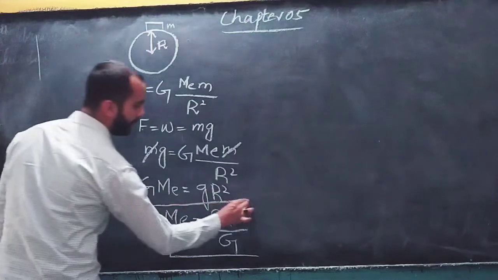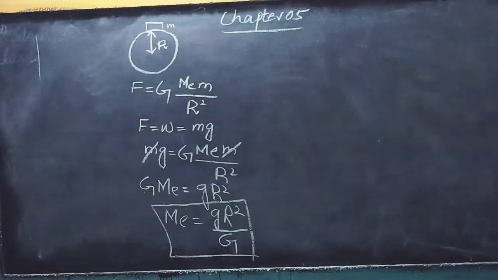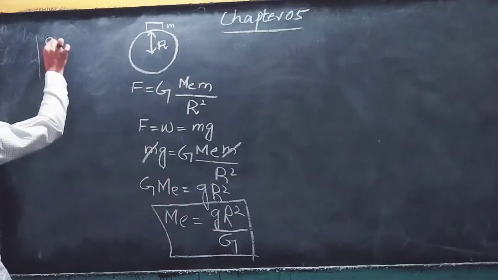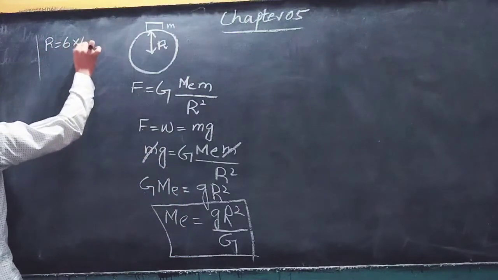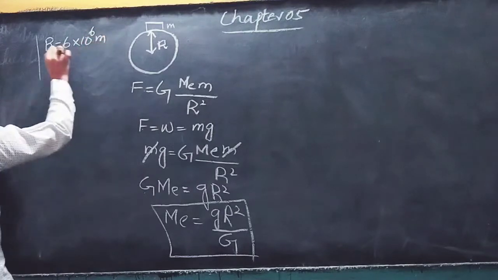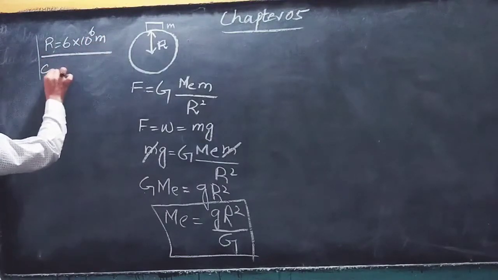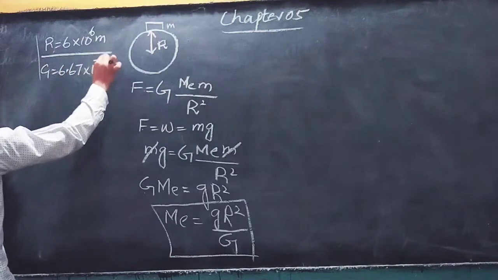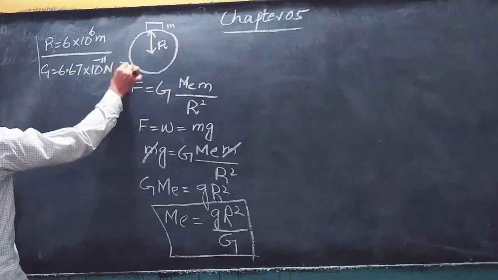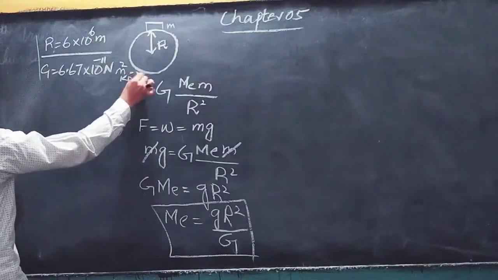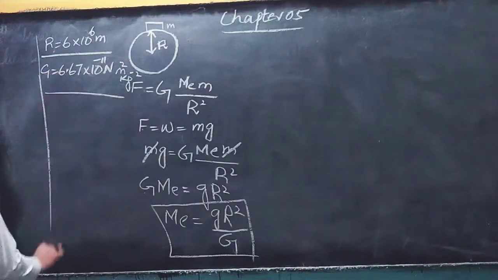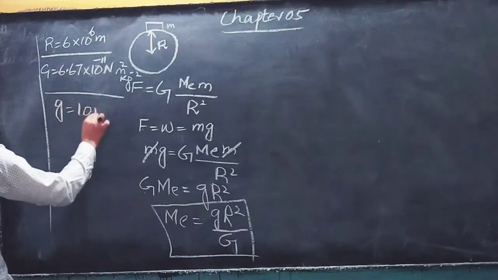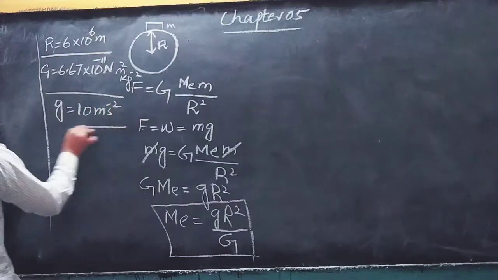This will be the final expression to find the mass of Earth by putting the values of R, g and capital G, as R is equal to 6 into 10 raised to power 6 meter. This is called the radius of the Earth. The value of G is equal to 6.67 into 10 raised to power minus 11 Newton meter square per kg square, and small g is the gravity, which is equal to 10 meter per second square.